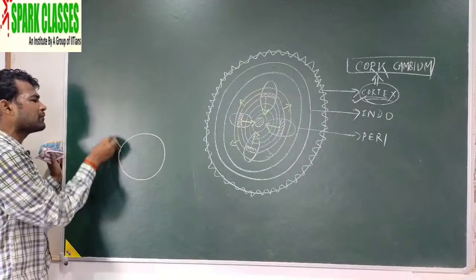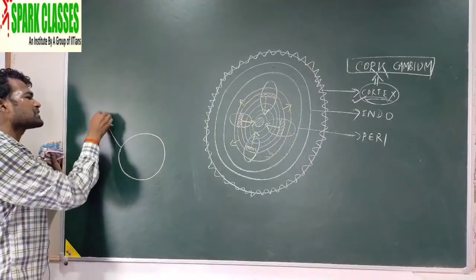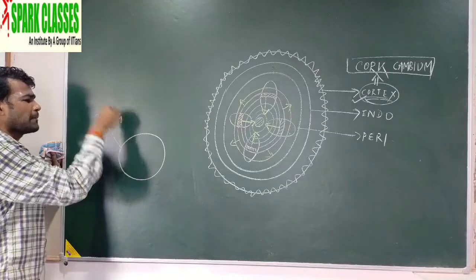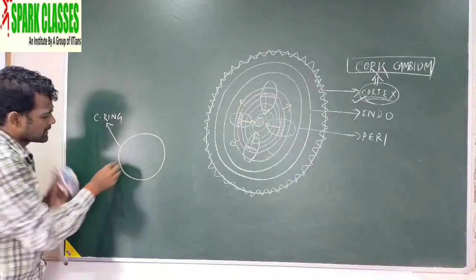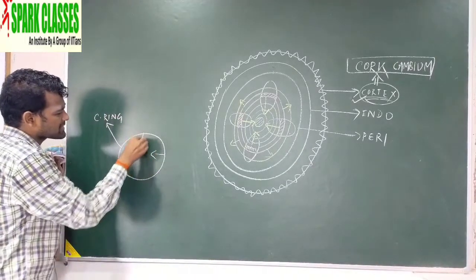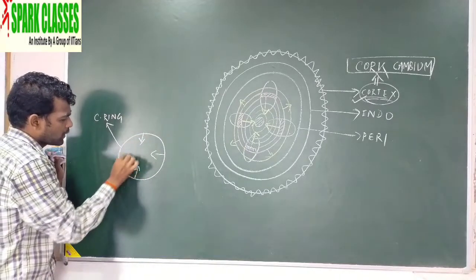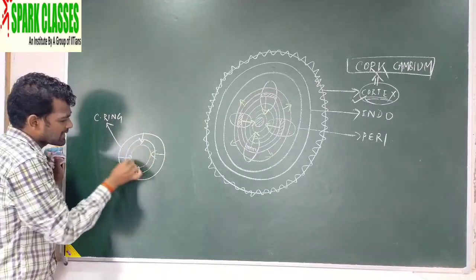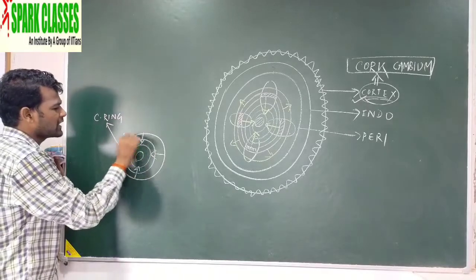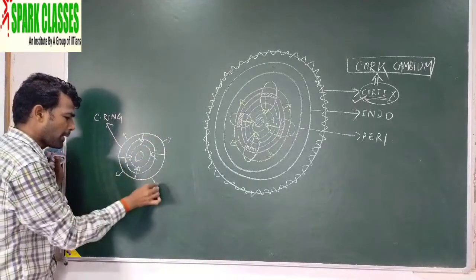The cambial ring is active towards both the inner side as well as the outer side. Towards the inner side it produces secondary xylem, and towards the outer side it produces secondary phloem.